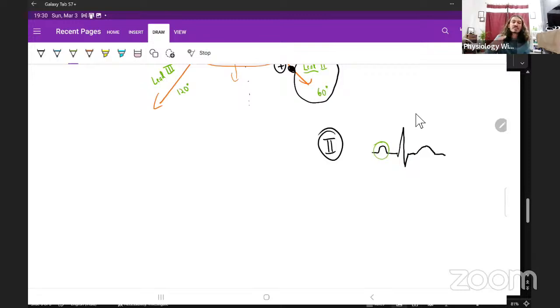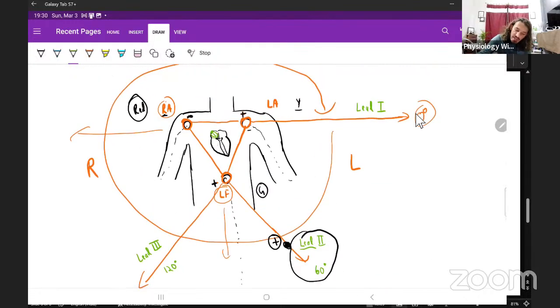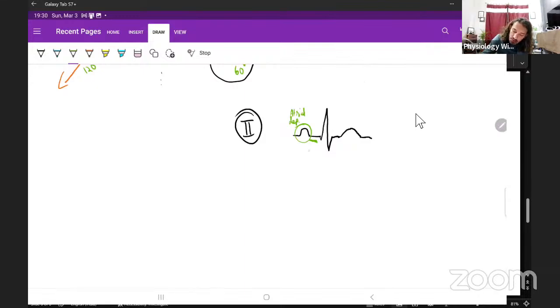That positive deflection is your atrial depolarization. After that, there is an isoelectric line where no electrical activity is happening. That is basically your AV nodal delay. That is the PQ or PR segment.